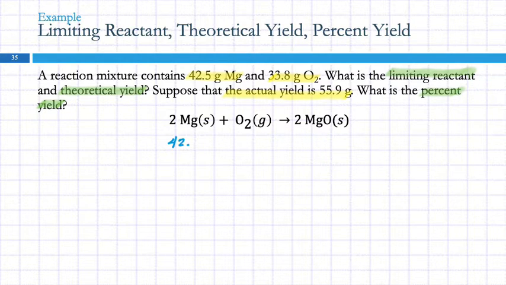So we've got 42.5 grams of that and 33.8 grams of this. They're asking us for the limiting reactant, but they're also asking for the theoretical yield. How much product could we make? So what we're looking for is how many grams of this.